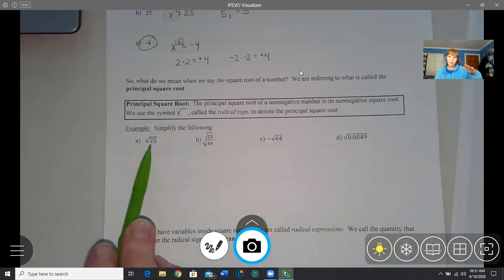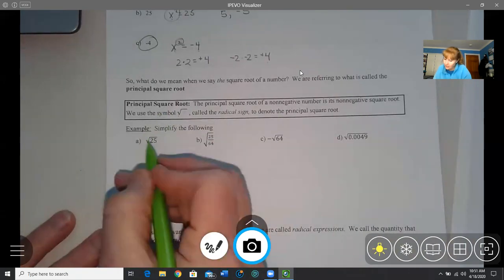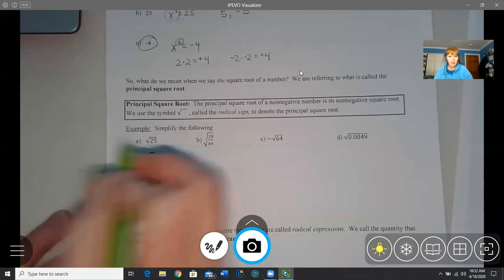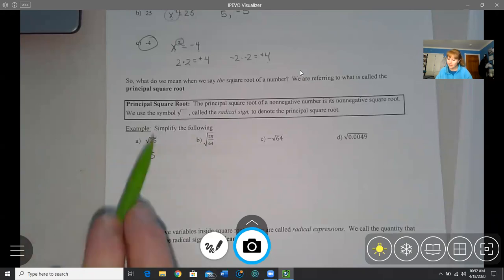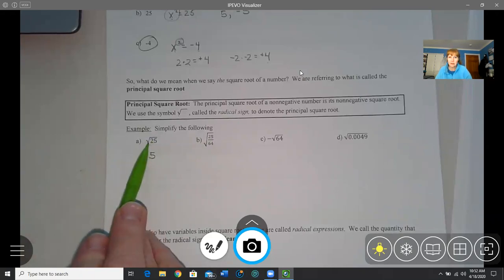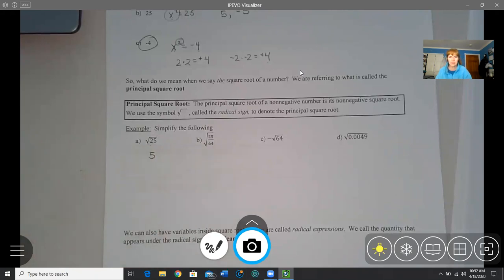Up above, we found that the square roots are 5 and a negative 5. But here with this symbol, I want the principal square root. So the answer is 5. Just the 5. We're just going to ignore the negative one when we're simplifying these.